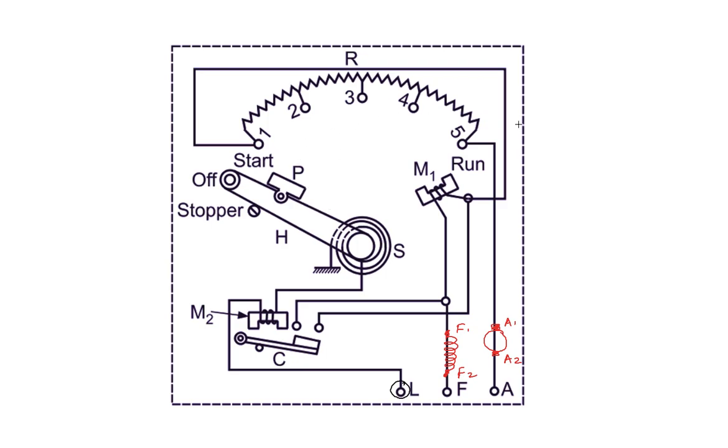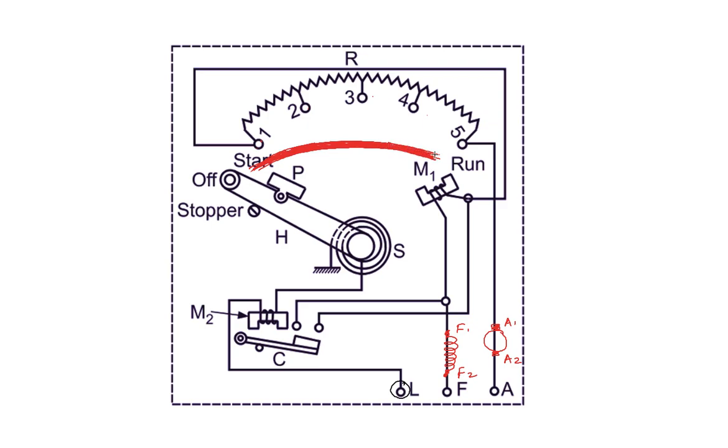Now this is your starter. The starter is nothing but a variable resistance. Here 1, 2, 3, 4, 5, these points are the studs. Here one copper strip is connected, which we can make in bold red color.